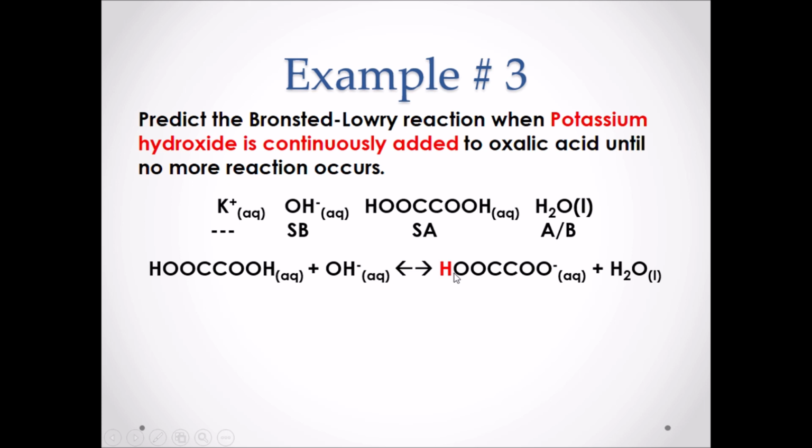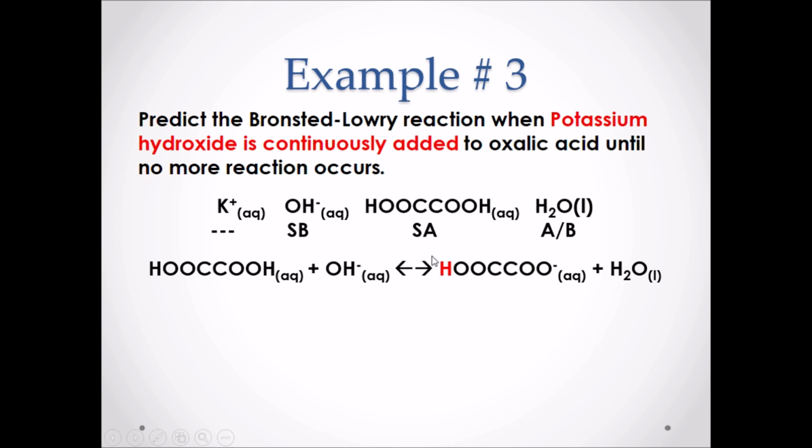At this point, it's important to note that we have the following species available in solution. We have the products HOOCCOO- and H2O, but we are also continuously adding potassium hydroxide. Therefore, it will always be a species available to react.